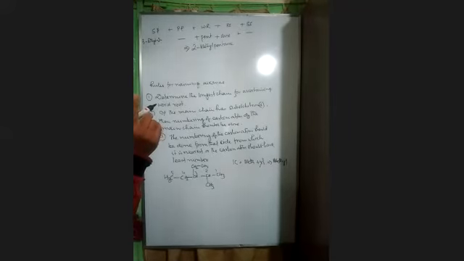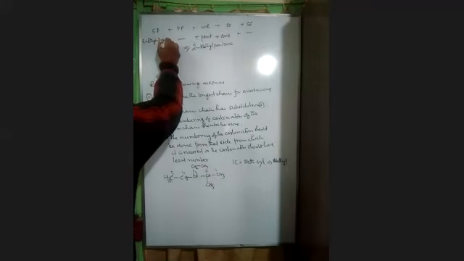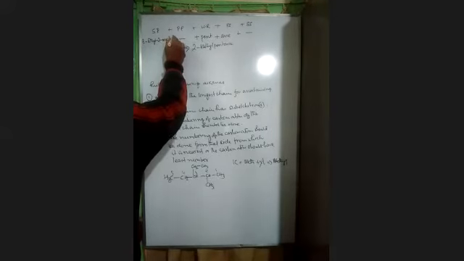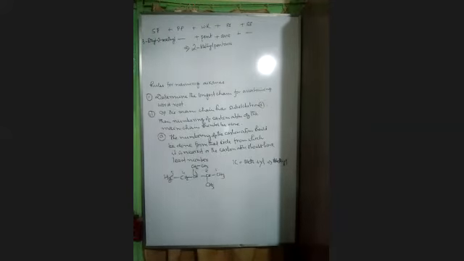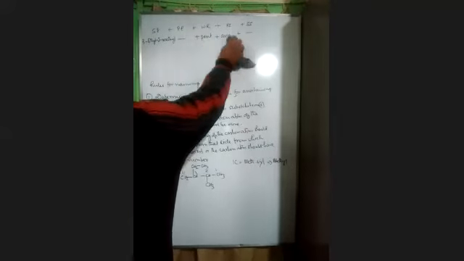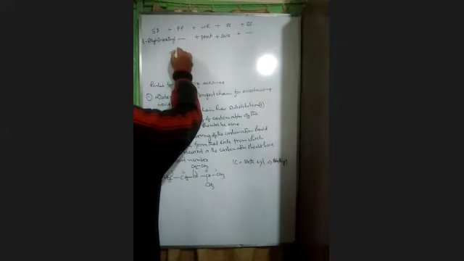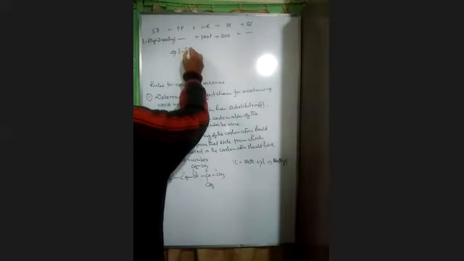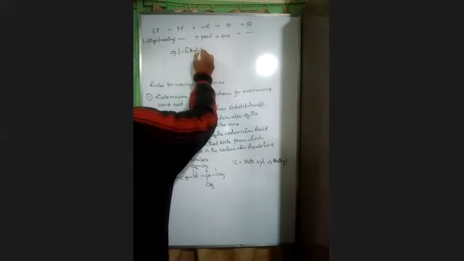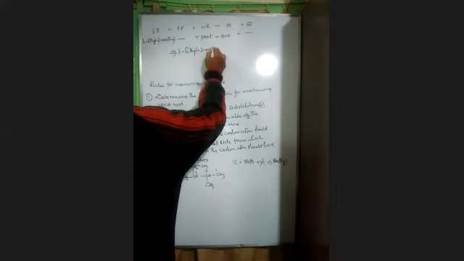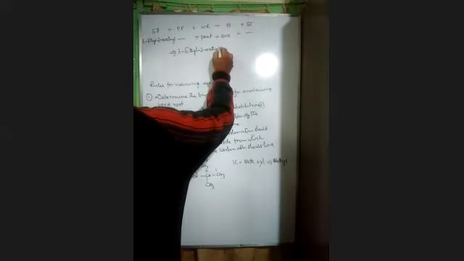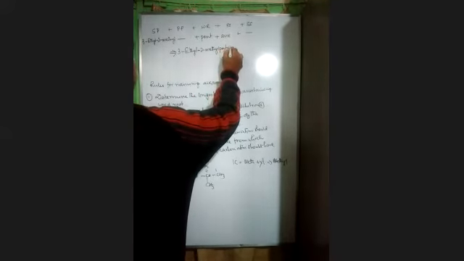Don't use your own way of writing. So it is 3-ethyl, 2-methyl. We will follow alphabetical order. We will not follow the number. So the name of the compound will be 3-ethyl-2-methylpentane.